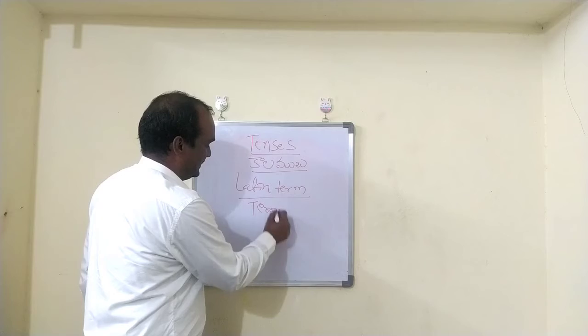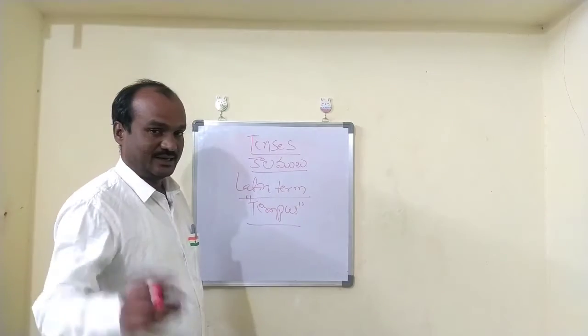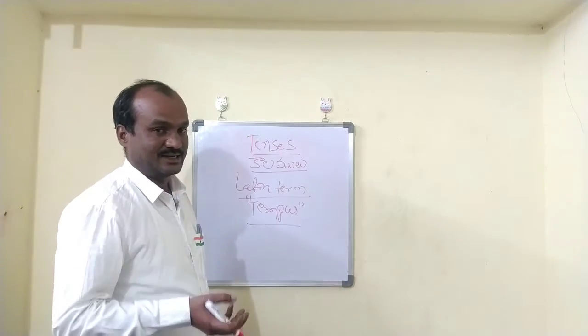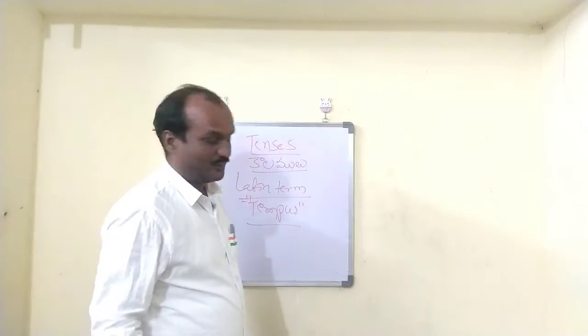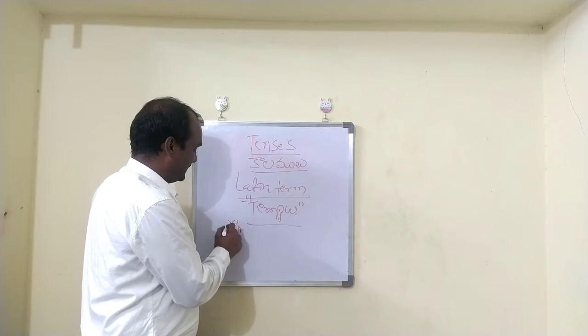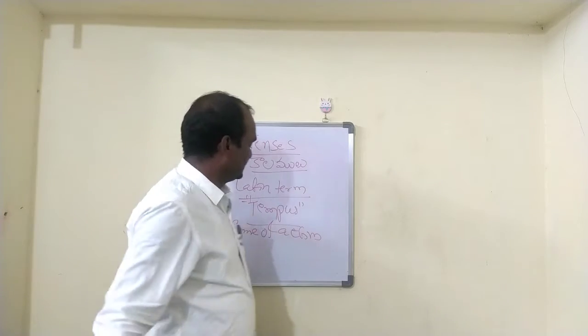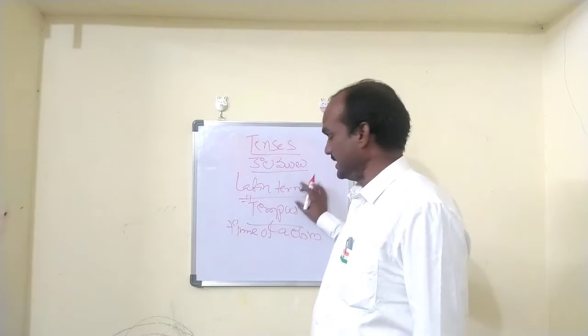Tempus. Tempus is the base or the root of the word tense. It is derived from the Latin term tempus, which means time of action. The word tense originated from the Latin term tempus, and it means the time of action. Tense means time of action.